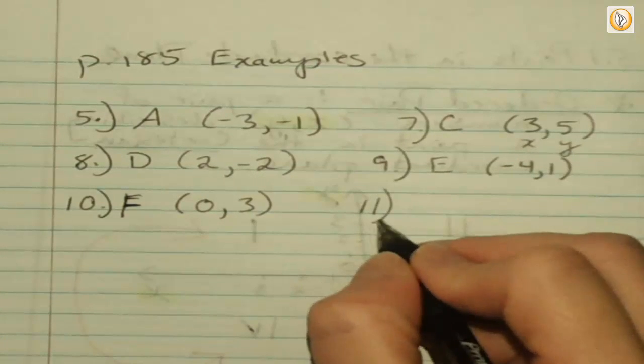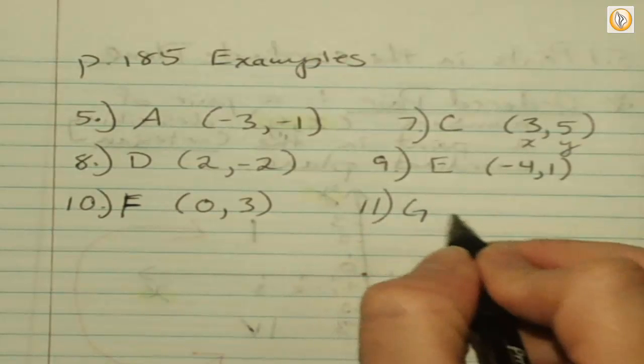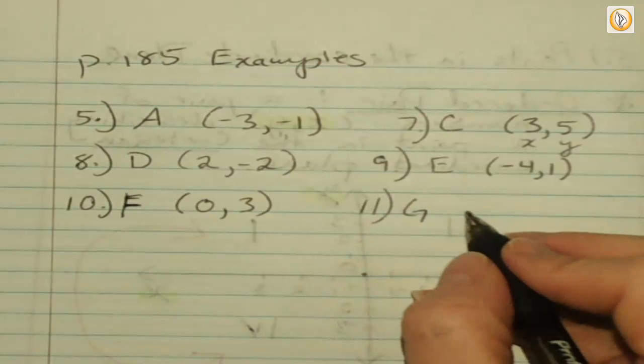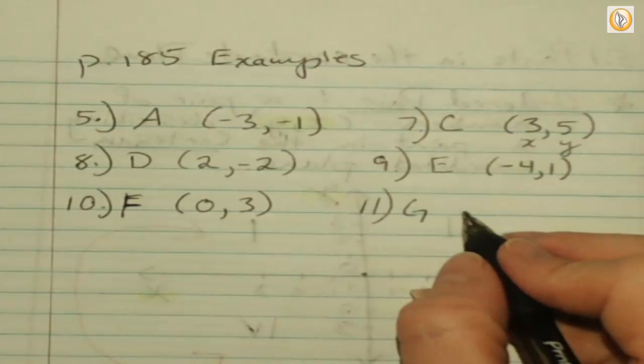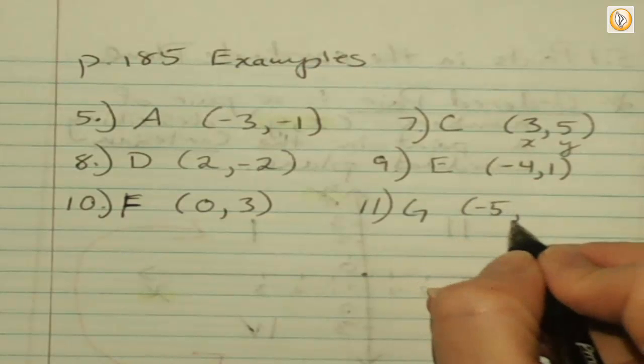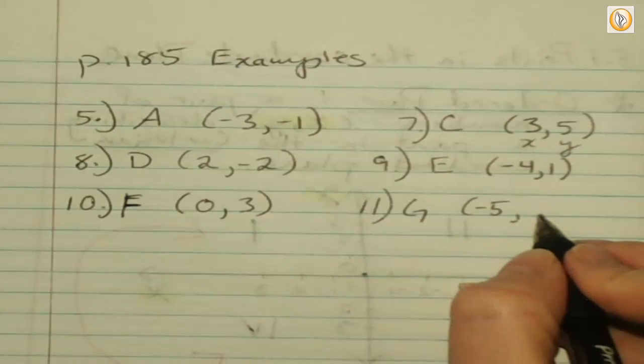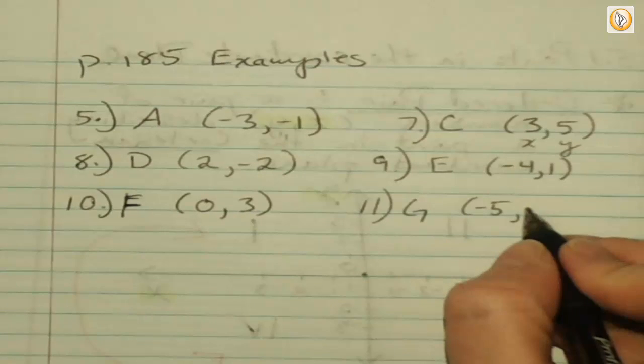Good job. Valeria, you want to do G? Sure. All right. -5 and -5. Count again. I know it's hard. It's dark.